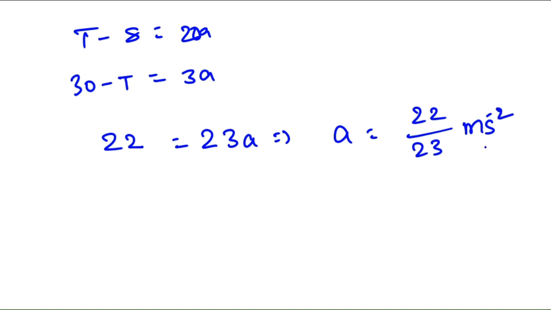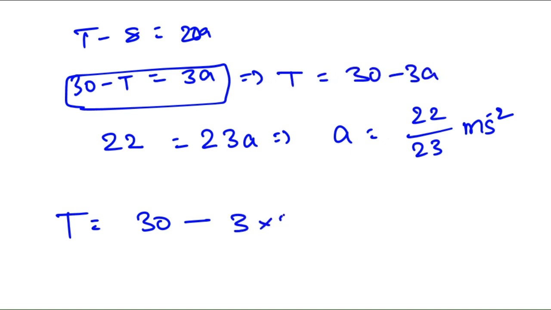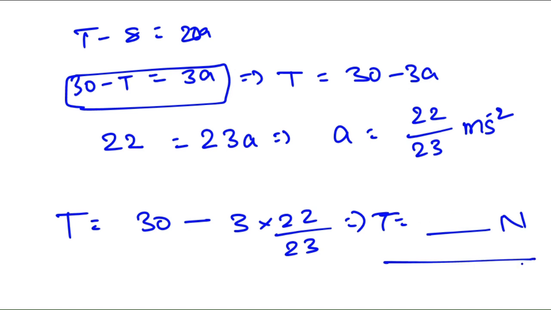If we know the acceleration, we can use either of these two equations to find the tension. From here, tension will be 30 minus 3a, so 30 minus 3 into 22 by 23. Whatever this value is, we can express it in Newton. This is the value of tension here.